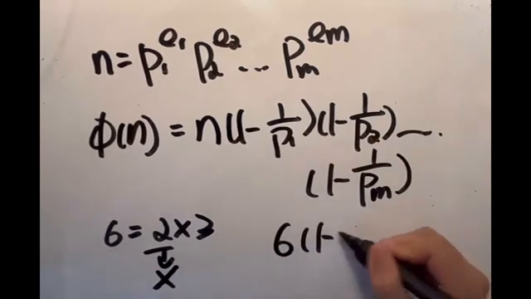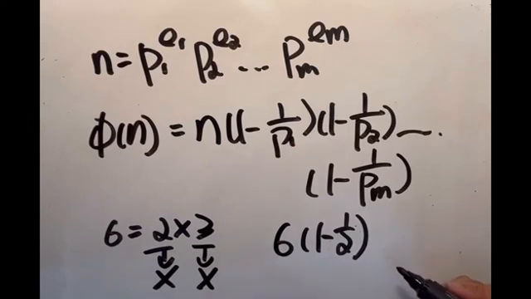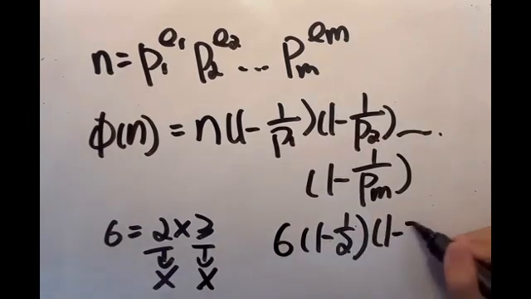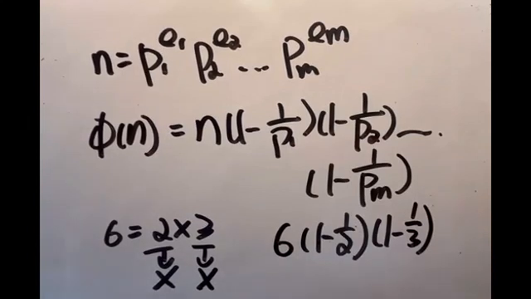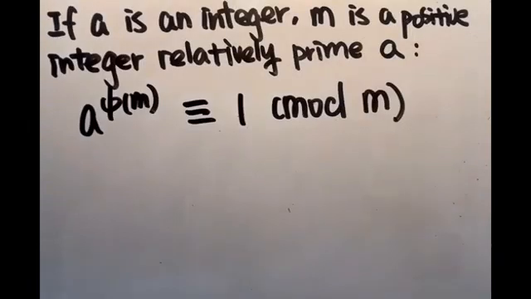We don't want the factor 3 either, and we know that it occurs every three numbers. In other words, they take up a third of the integers between 1 and 6. So what do we do? We remove 1/3 of the integers from this set, hence 6 times (1 minus 1/2) times (1 minus 1/3). What do we get? 2. Exactly our answer from counting. Now you understand Euler's totient. We can talk about his totient theorem.